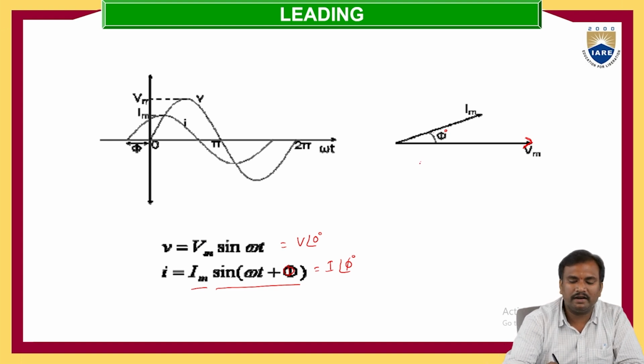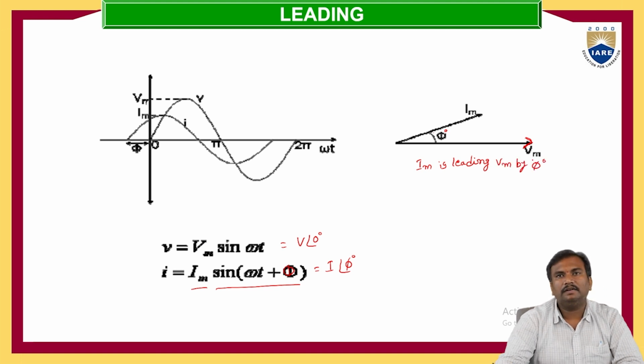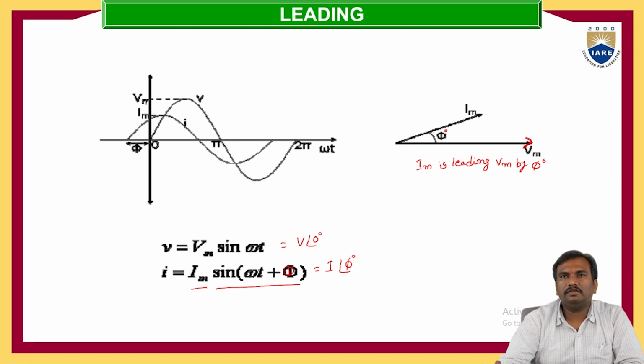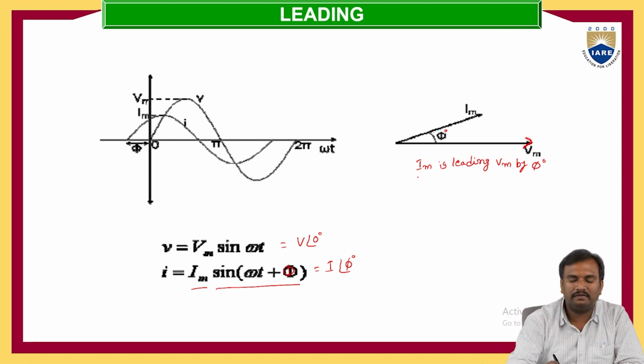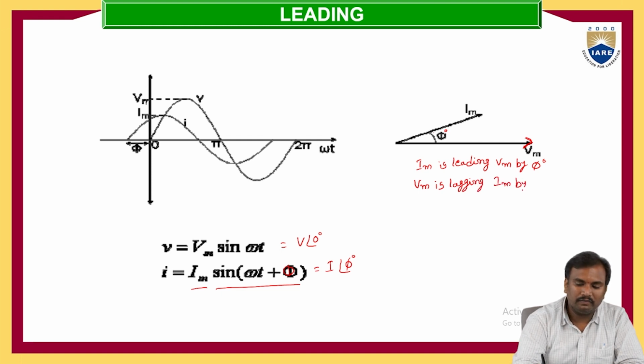Then we can say that Im is leading Vm by 5 degrees. We can also give the statement in such a way that Vm is lagging Im by 5 degrees.